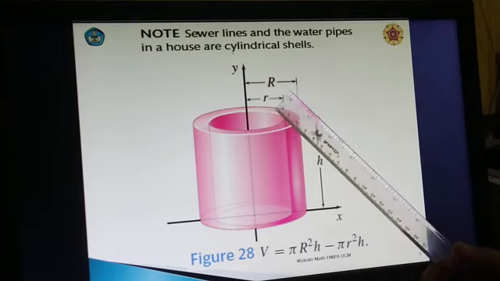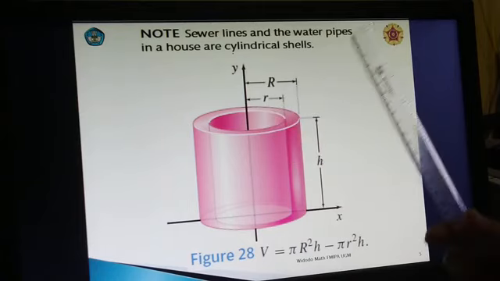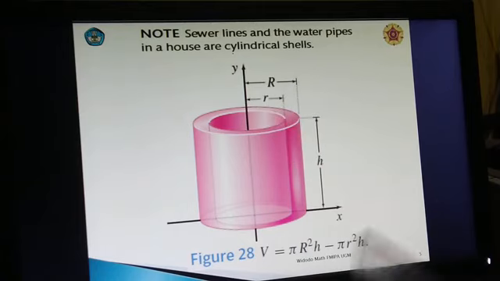So this is the illustration of the cylindrical shell using pipelines, and we want to use the formula of the pipe volume to make the formula for the volume of solid of revolution using the cylindrical shell.